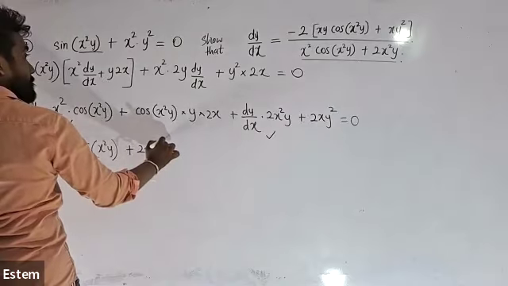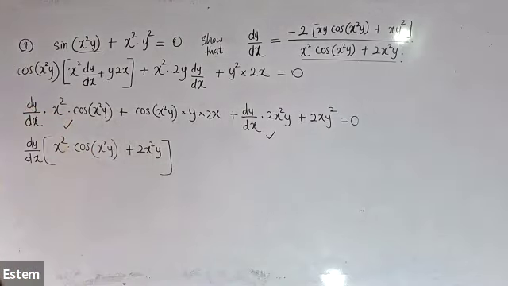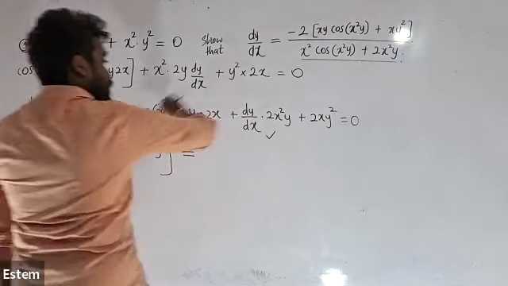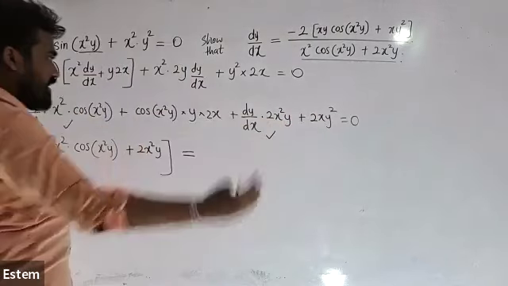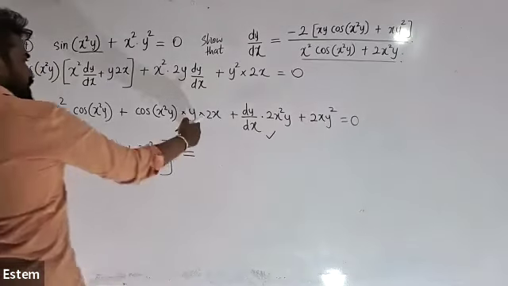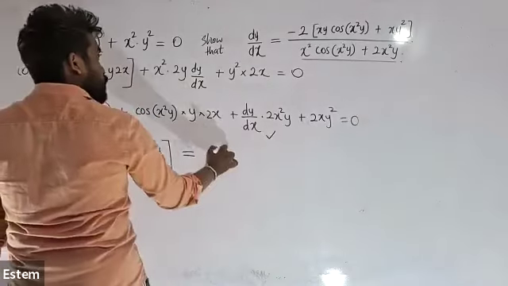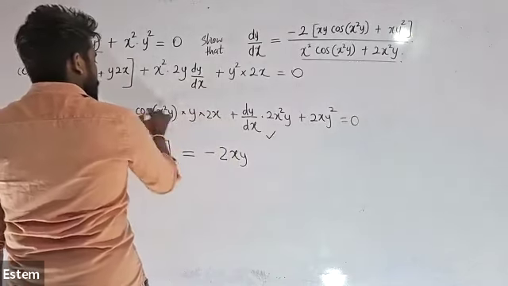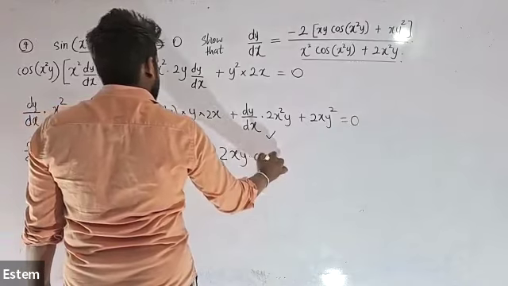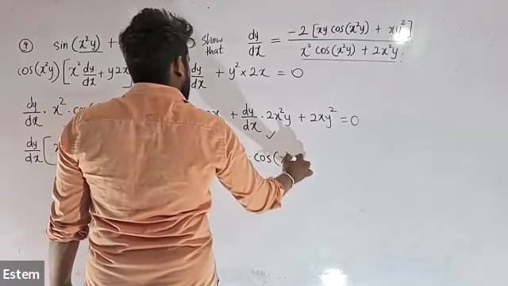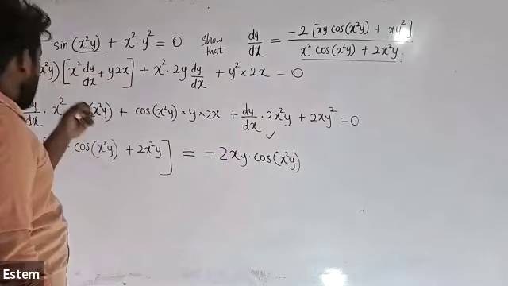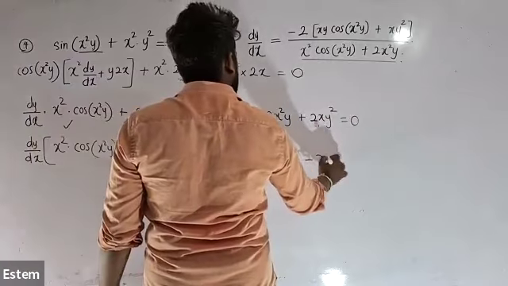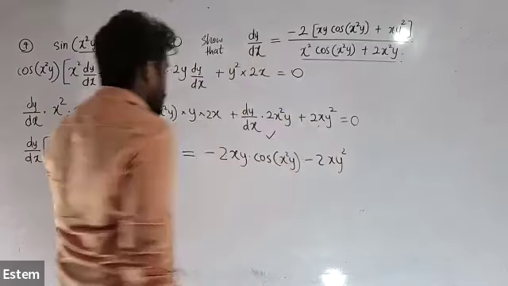Now the remaining things we should move to the other side, the right hand side. It is here minus 2xy cos x squared y, and this minus 2xy squared.